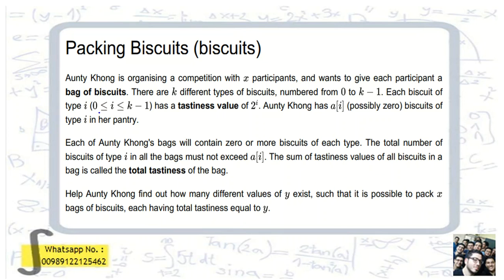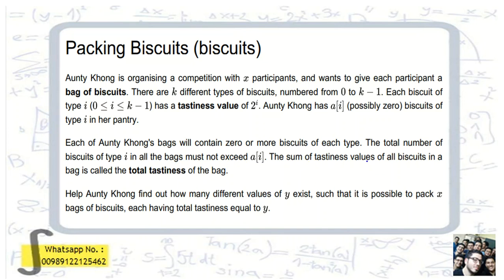Each biscuit of type I between 0 and K minus 1 has a tastiness value of 2 to the I. Auntie Kong has A[I], possibly 0, biscuits of type I in her pantry. Each of Auntie Kong's bags will contain 0 or more biscuits of each type. The total number of biscuits of type I in all the bags must not exceed A[I].